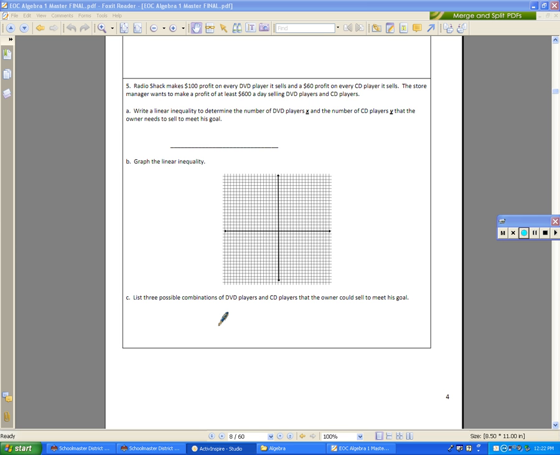But if they want to make at least $600, couldn't you say like 1,000 DVD players and 1,000 CD players? Isn't that going to work? Yeah, because you're going to make way more than $600 then, right? How about if you went 10,000 DVD players and 10,000 CD players? Is that going to work? Yeah. How about 100,000 DVD players?